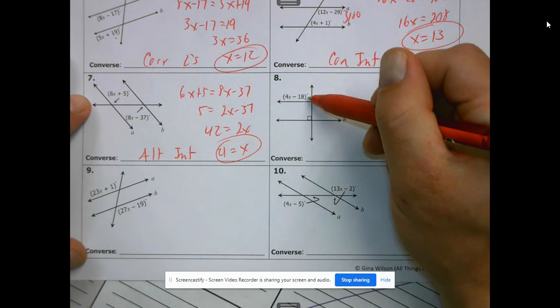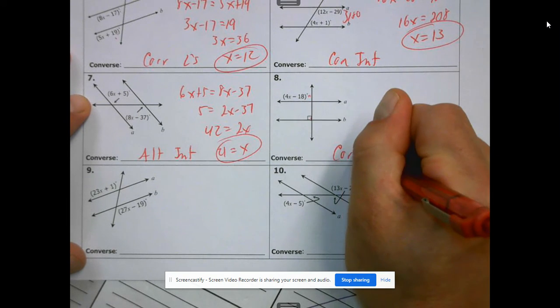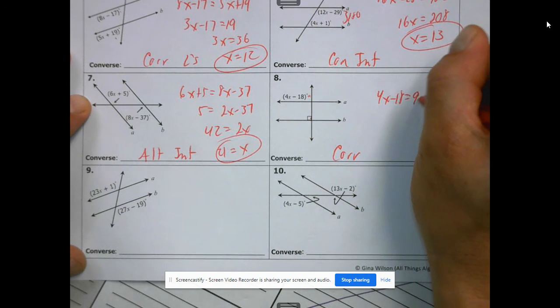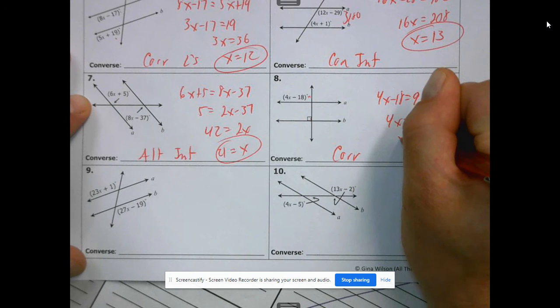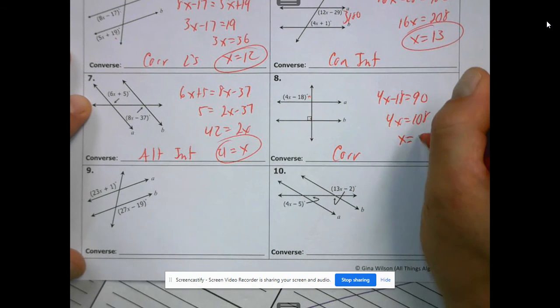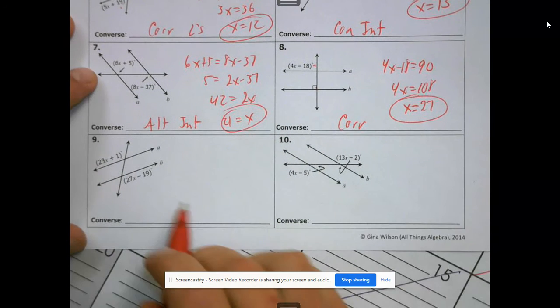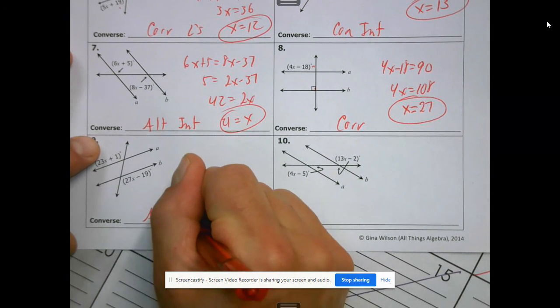Number 8. Outside, inside, similar location. Those are corresponding. Set them equal. Add the 18 over. 4 goes in there 27 times. Number 9, outside, opposite sides, alternate exteriors.